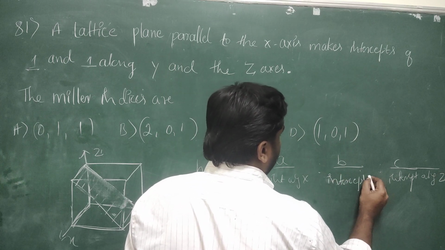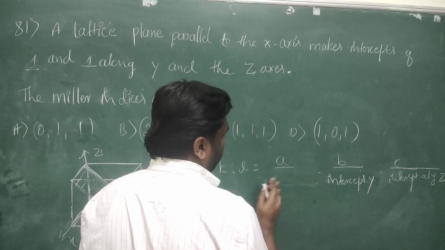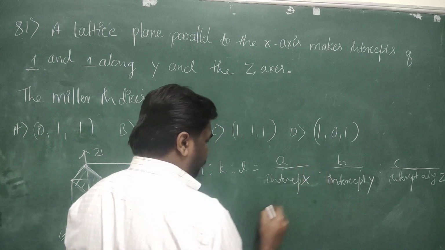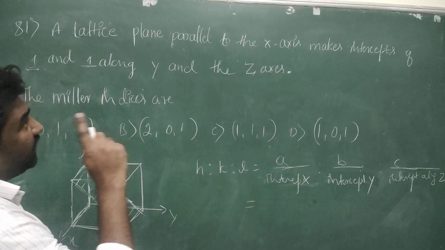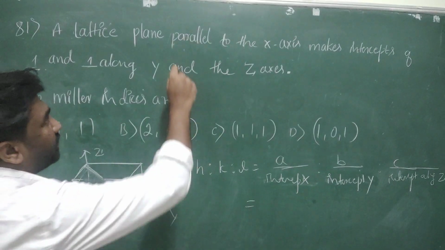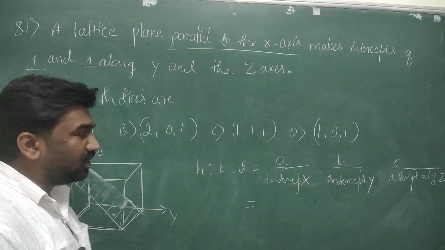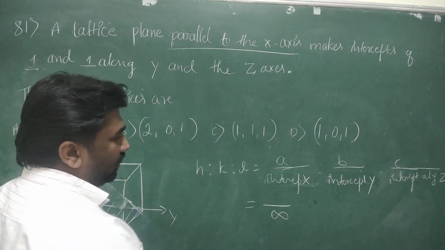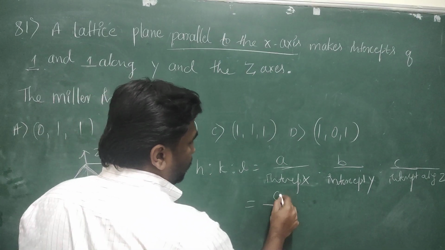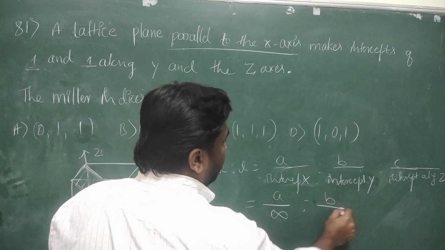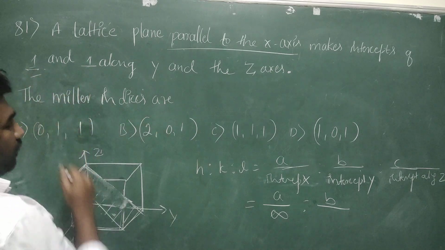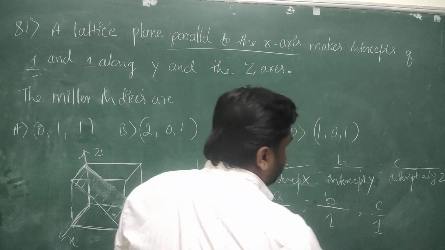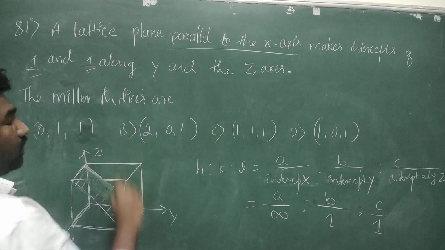So this plane is parallel to the x-axis. Parallel to the x-axis means the intercept here is infinity. The intercept along y is given 1 and intercept along z is given 1.